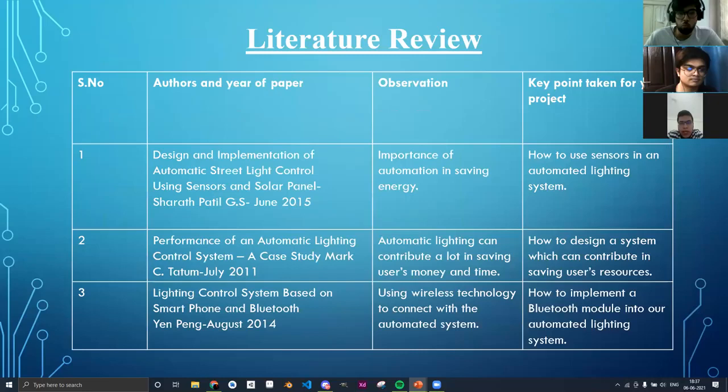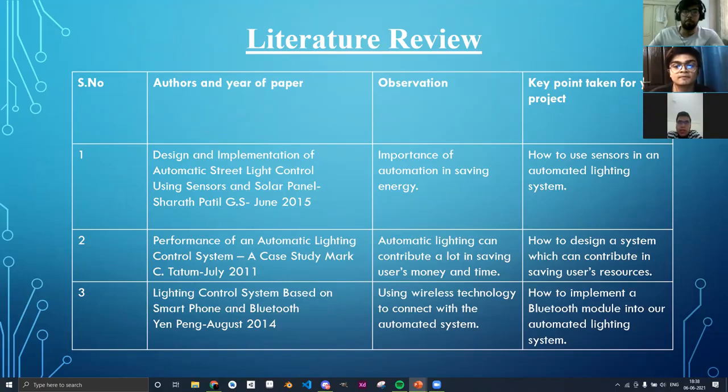Coming to the literature review, these are some of the papers that we used as an inspiration for developing our model. To explain it in brief, we observed some key points like the importance of automation in saving energy and also money, and how to use wireless technology to connect with different automated systems.